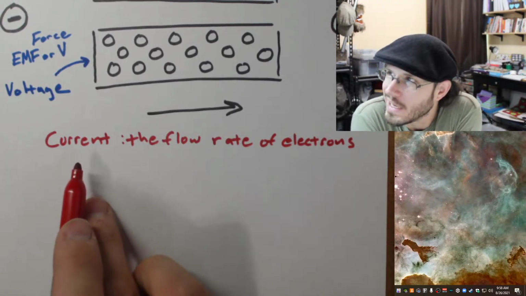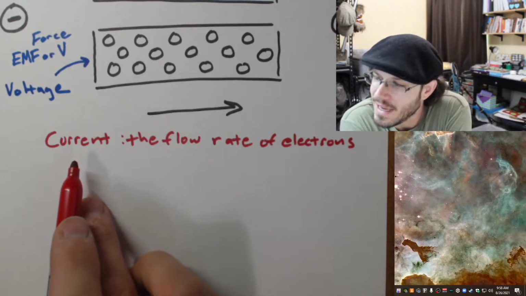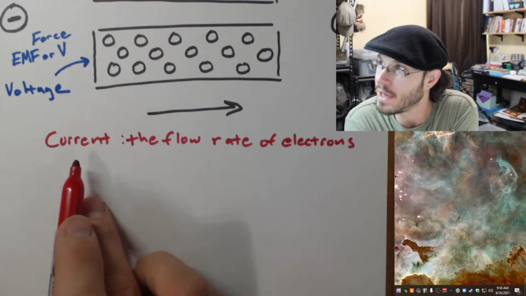Now, the unit of current is going to be the amp or the ampere.